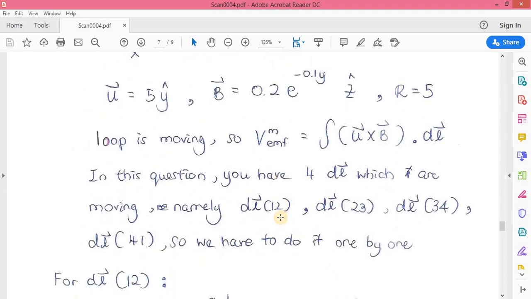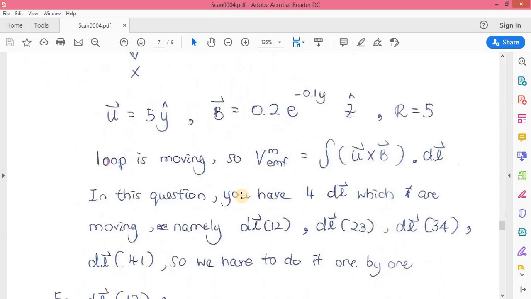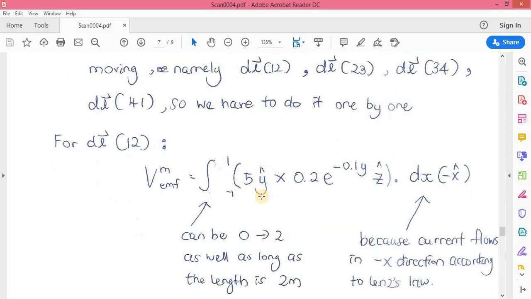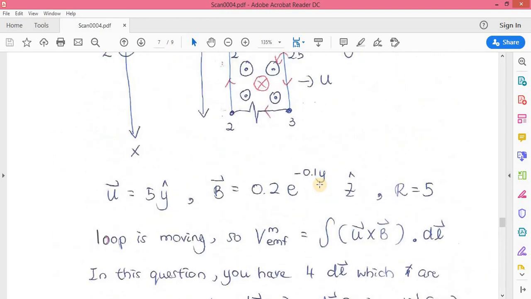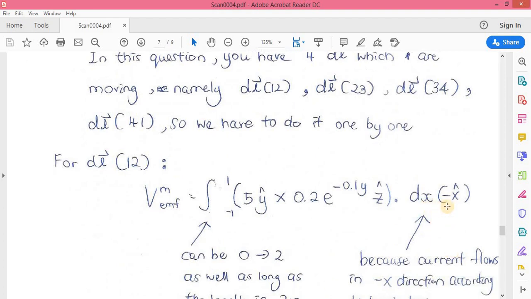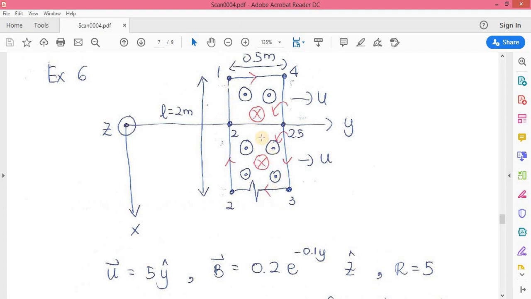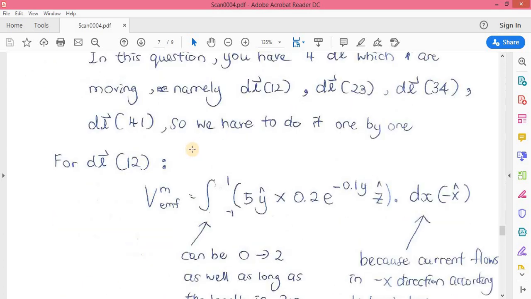So we look at side 1-2. This has been given, this has been given. And for the dl, we have to look at this one. The current flows in the negative x direction, right? So this one is dx, negative x. Since the current flows in this way, our integration interval should be from here to here. Here I assume it is from negative 1 to positive 1, to make the length 2 meters.